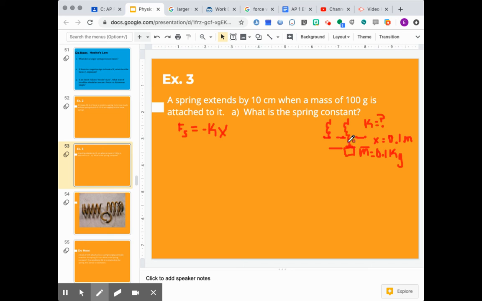So that force that causes stretch is equal to question mark.